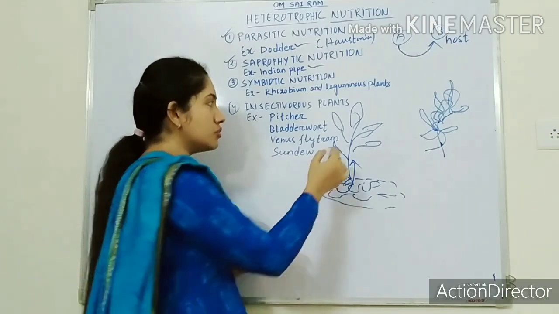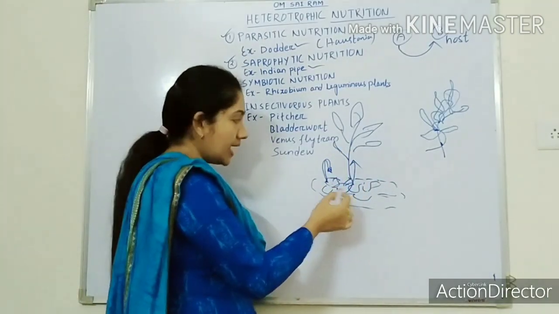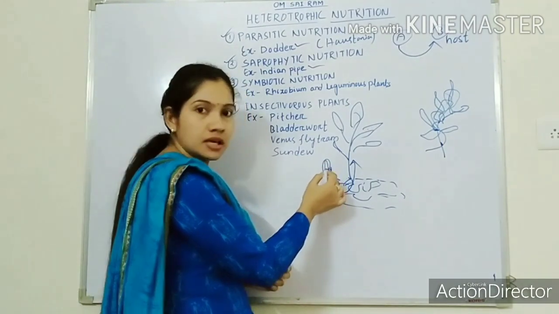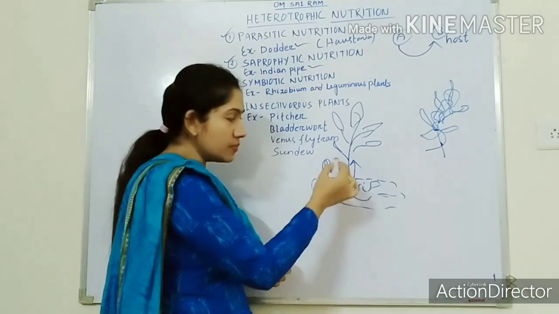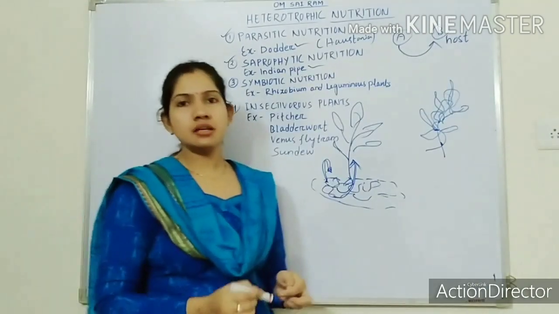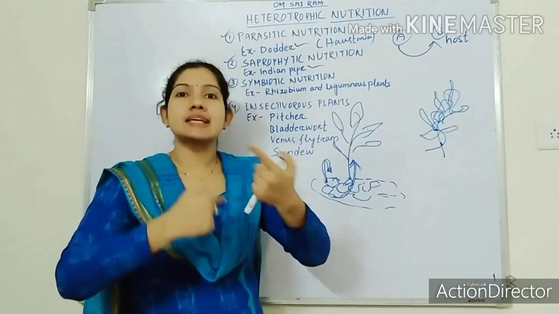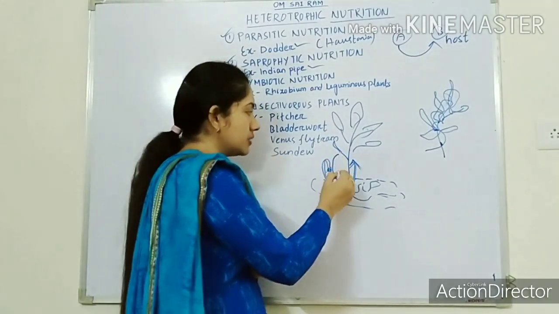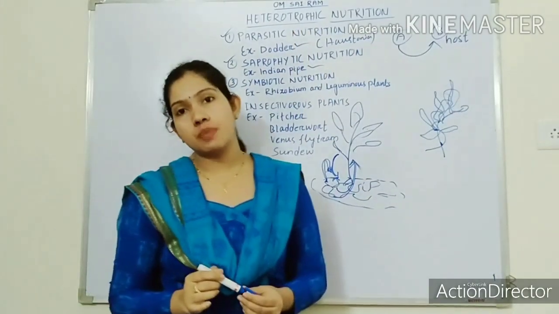The nutrients produced by the host plant will fall down and be consumed by the saprophytic plants. They will convert it into simple food, and that simple nutrient will be taken again by the host plant. That's why the nutrients recycle. It will fall down and again the nutrient will be consumed by the plant.